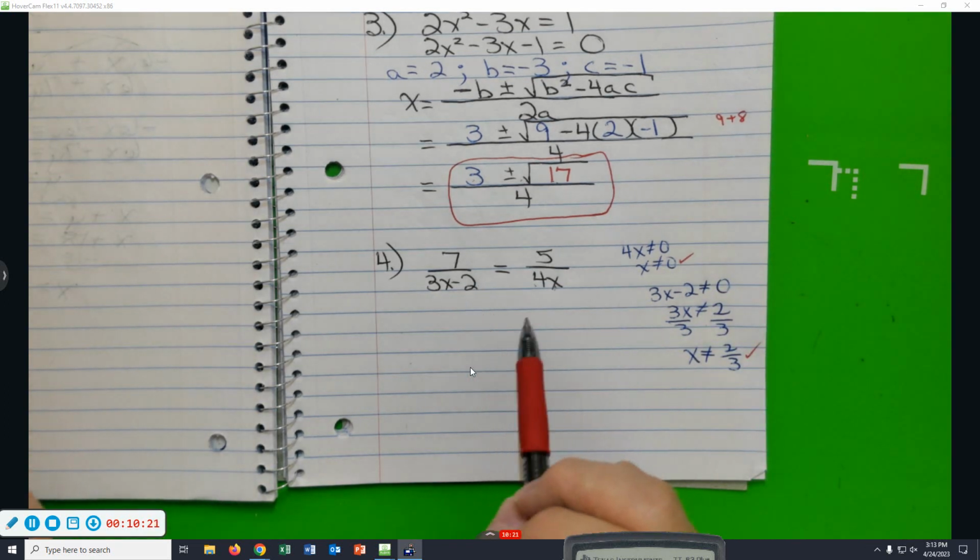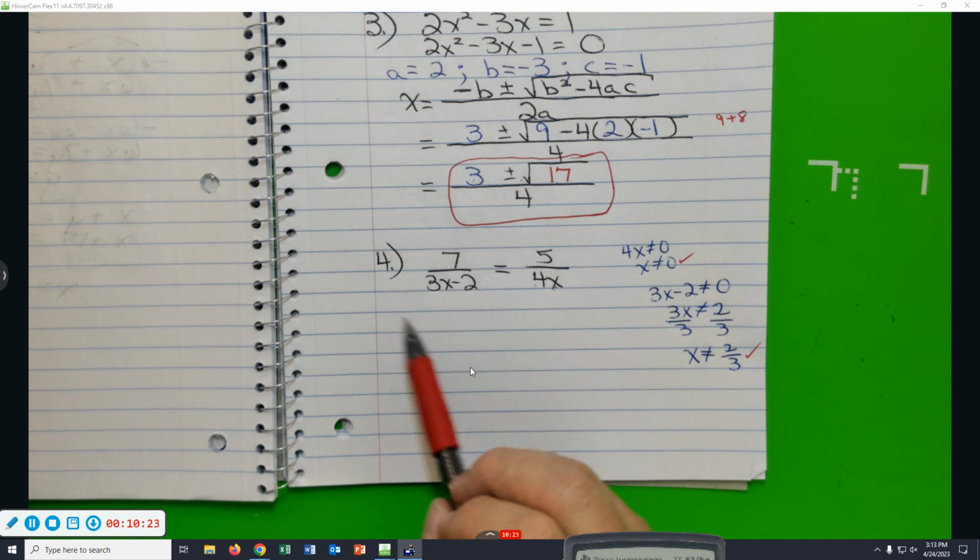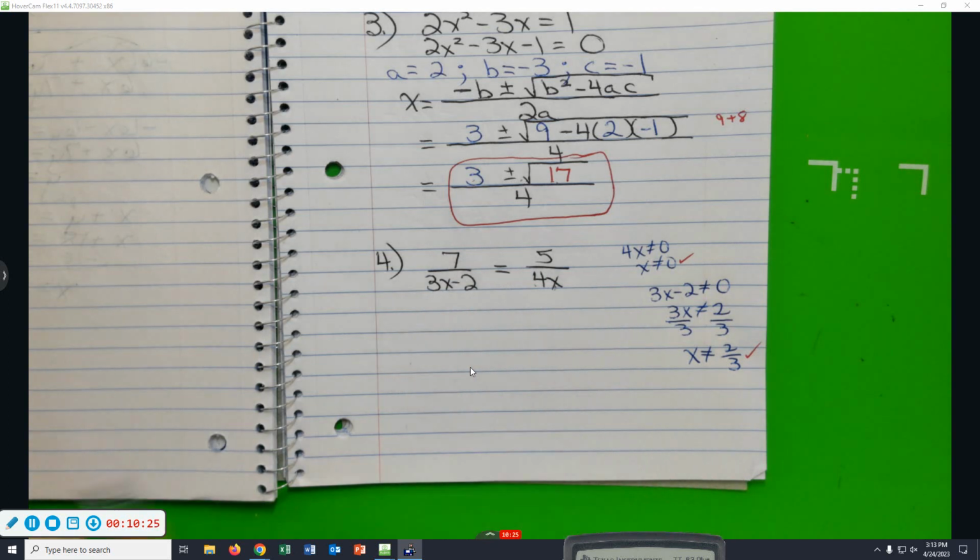Now, I remember solving an equation like this the first time, and I said it's a proportion. One fraction equals another fraction. Rather than multiplying through by the least common denominator, we had another way of solving a proportion.